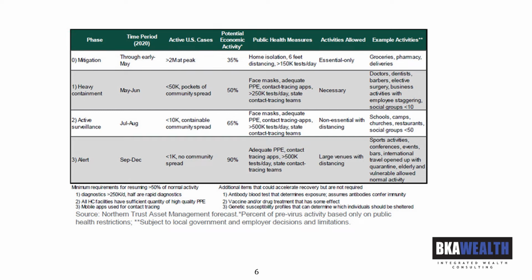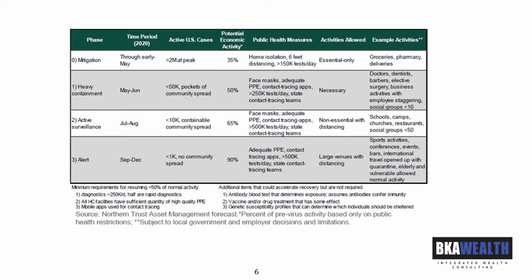And as we look in the investment markets, this chart, which came from Northern Trust in a presentation they made, I thought was very helpful in terms of understanding these phases, if you will. If you look at the left-hand margin, it goes from mitigation to heavy containment, active surveillance, and then to alert.